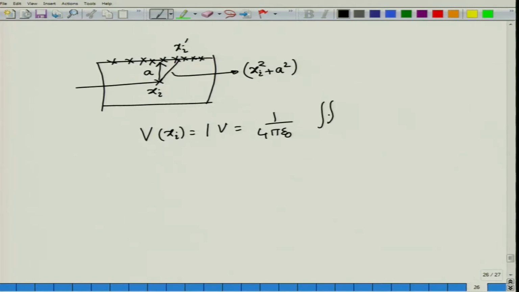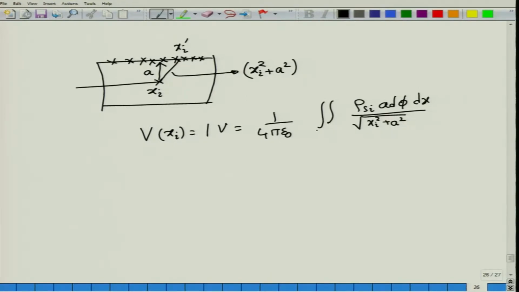Now, instead of using the earlier equation, I will use the formal equation where I assume that the charge rho si is constant, with a d phi dx, which is the way a cylindrical surface area is defined, divided by the square root of xi square plus a square.